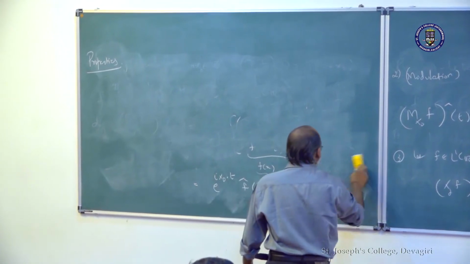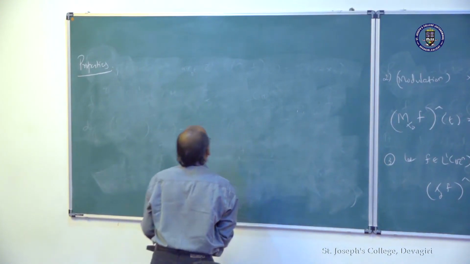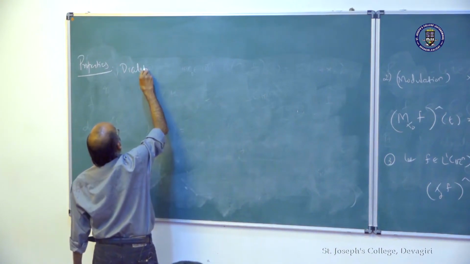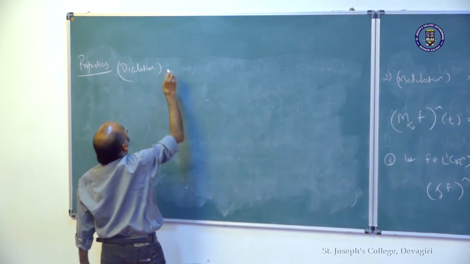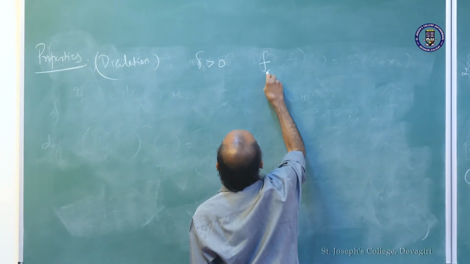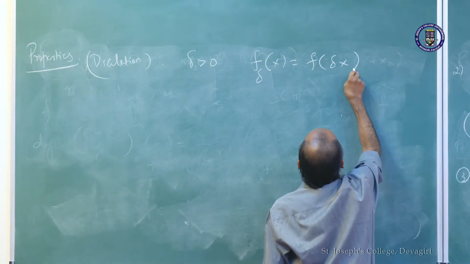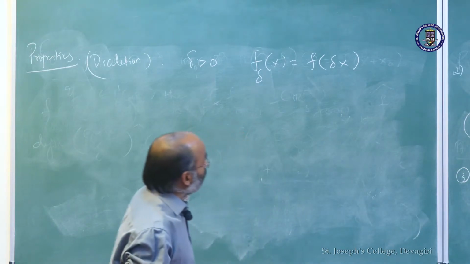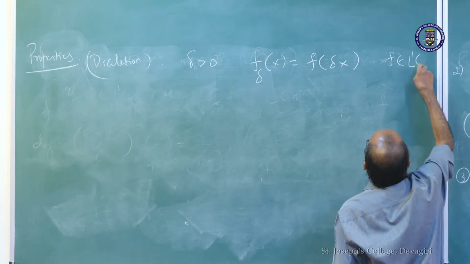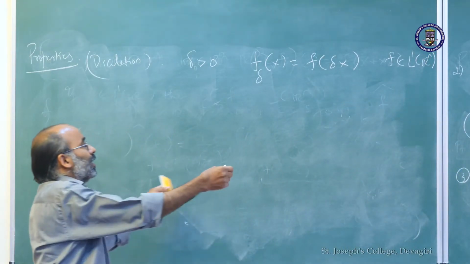We saw dilation yesterday, so let us see how the Fourier transform acts with respect to dilation. Let us take delta positive and define f sub delta equal to f of delta x, where f is some function in L1 of R^n. You are simply multiplying the vector x by delta.